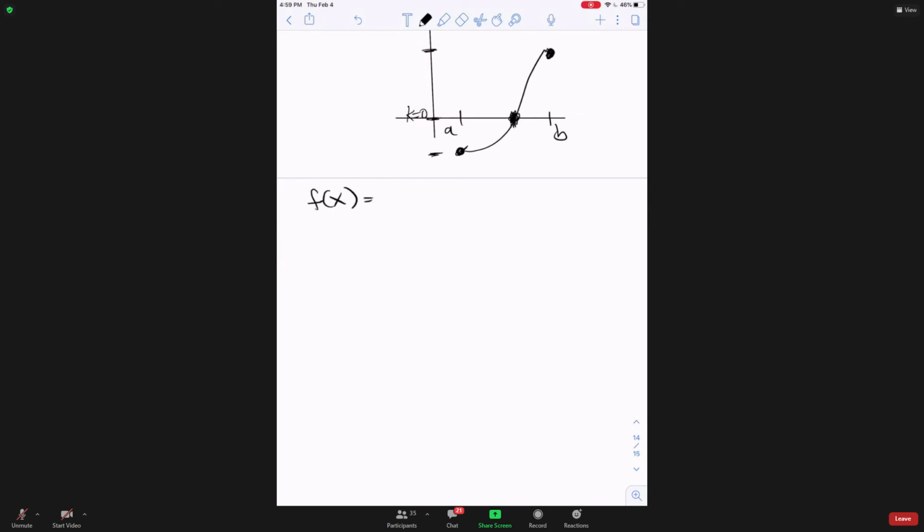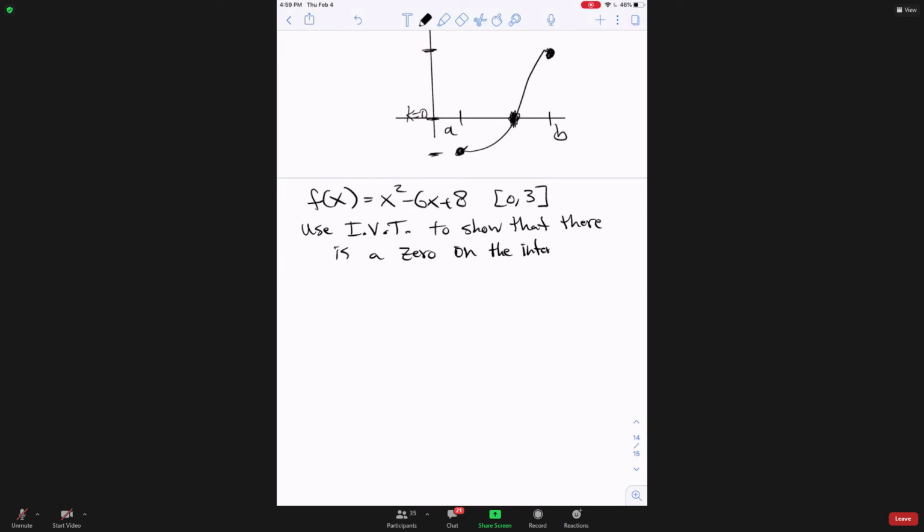Suppose f of x equals x squared minus 6x plus 8 on the closed interval 0 to 3. Use the intermediate value theorem to show that there is a 0 on the interval 0, 3, inside the interval 0, 3.